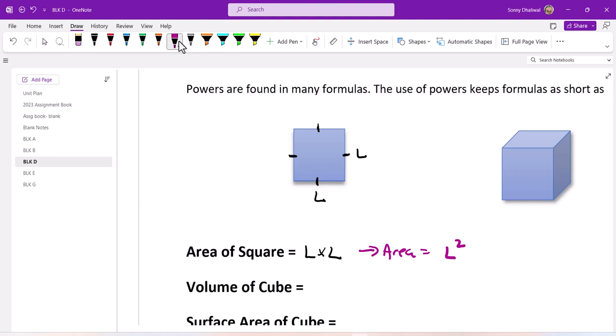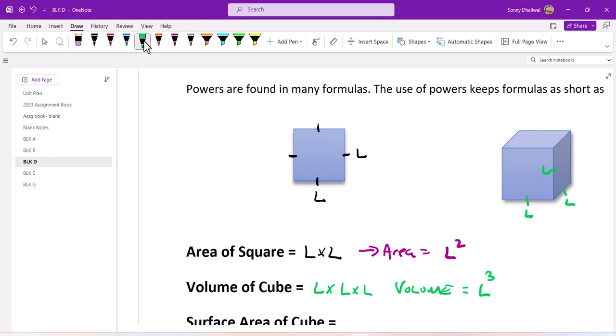And the same thing applies to volume. When we did volume, the equation was length times width times height. Find the area and go all the way around. If we talk about a cube, that's all we're going to be talking about this year, all the sides are the same. So length times length times length. The volume of a cube is length, that's our base, to the exponent 3.